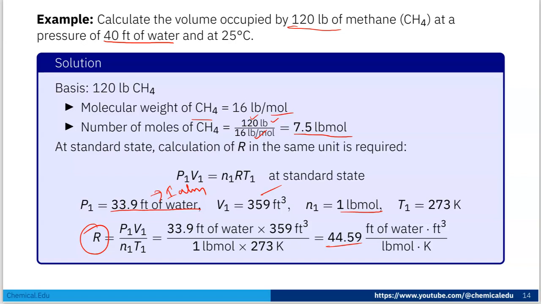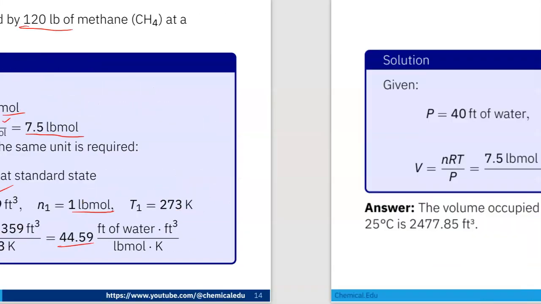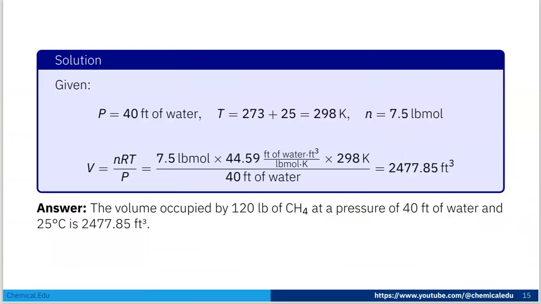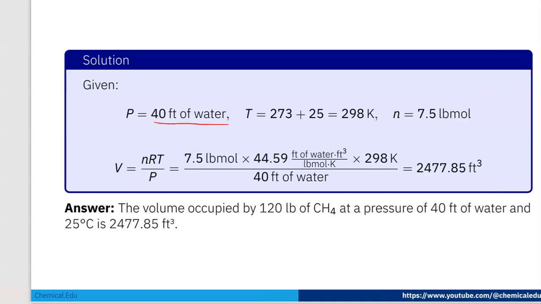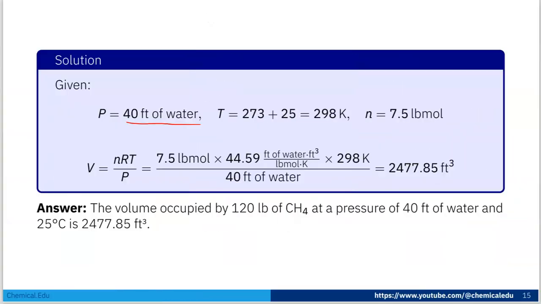Taking that, we can easily calculate the volume. Now P is given, 40 feet of water, and T is 25 degree centigrade, which we can convert to 298 Kelvin. N is 7.5 pound mole.